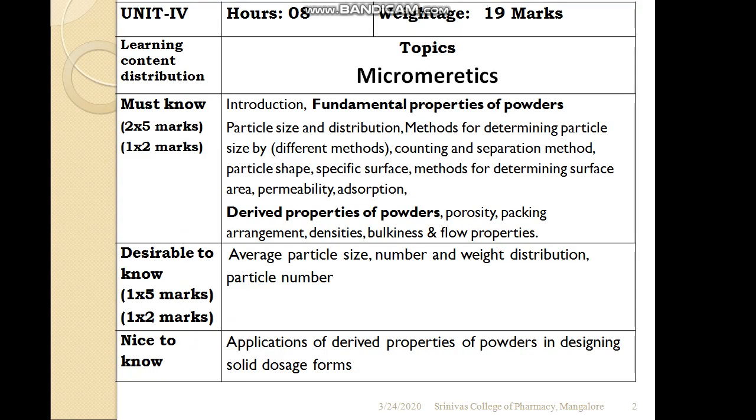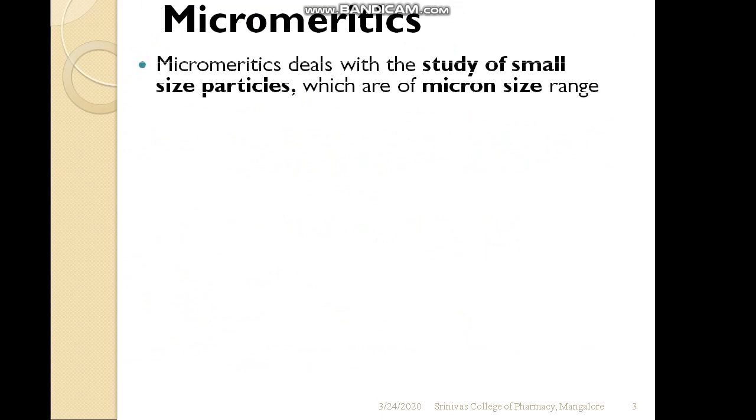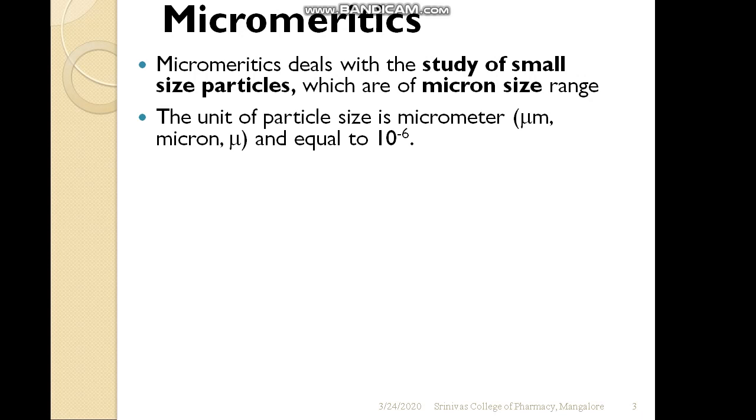Okay. So next, coming to the introduction. Micromeritics is the study of small size particles, mainly solid particles, which are of micron size range. Micro means 10 to the power minus 6, that is micrometer.